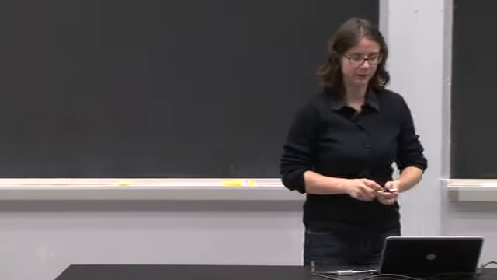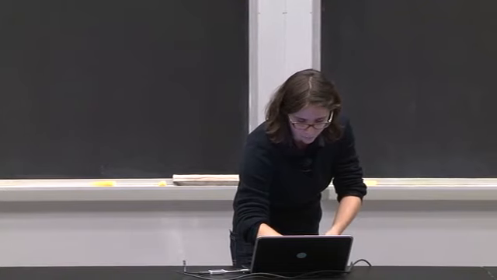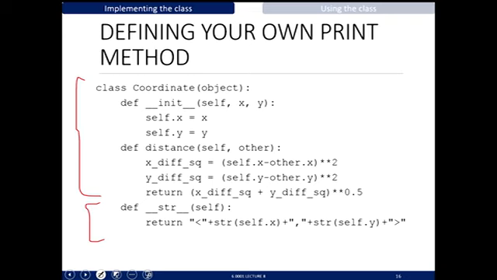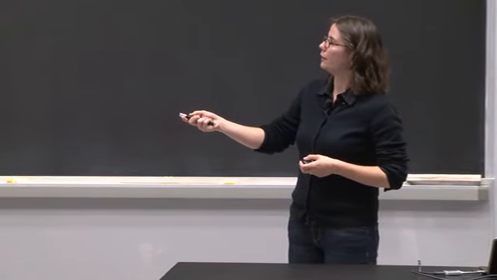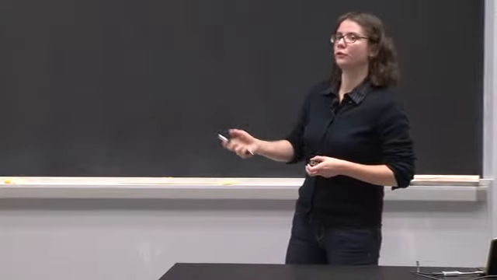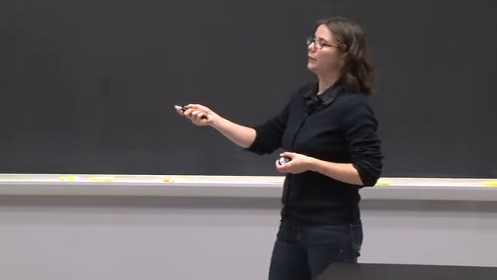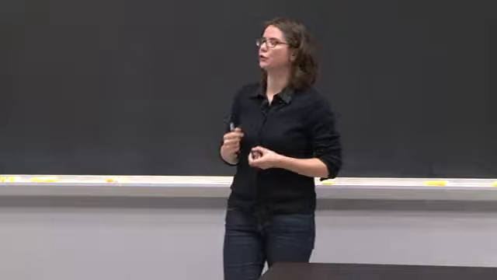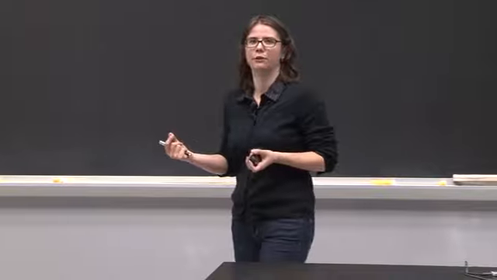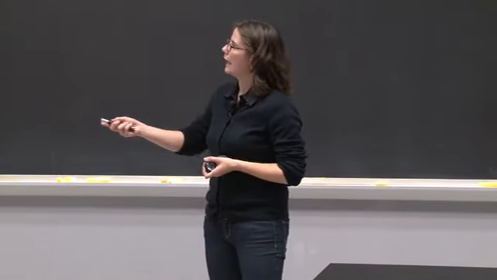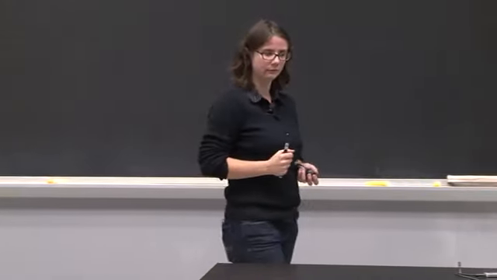All right, so how do we define this? So far, we've defined all that, and the last part is going to be new. We define the init and the distance, and let's define this str. __str__ is a method. It's only going to take self because you're just calling print on the object itself. There are no other parameters to it. str has to return a string.